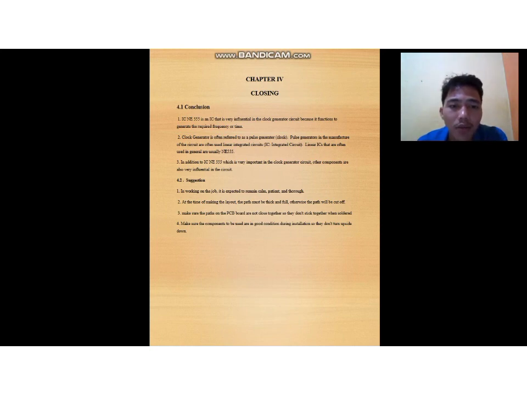Three, make sure the pads on the PCB board are not close together so they don't stick together when soldered. Four, make sure the components to be used are in good condition during installation so they don't turn upside down.